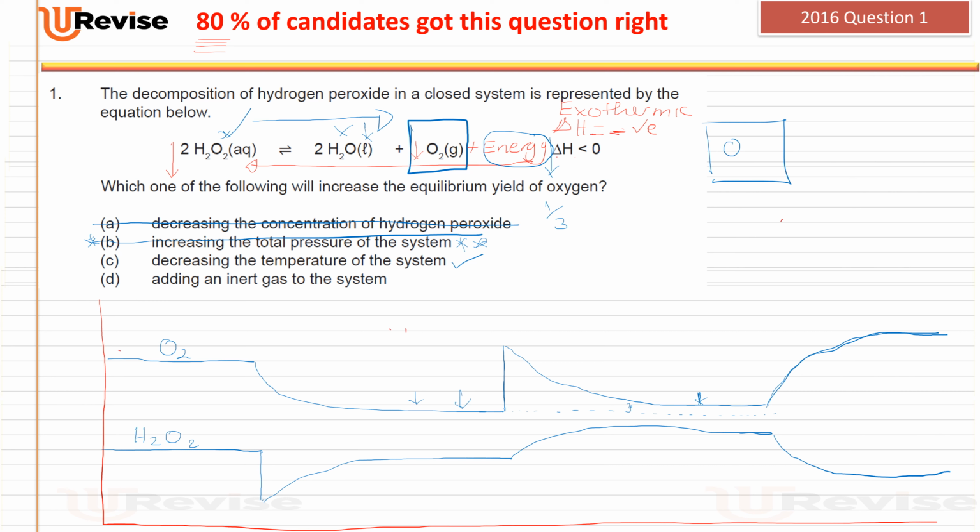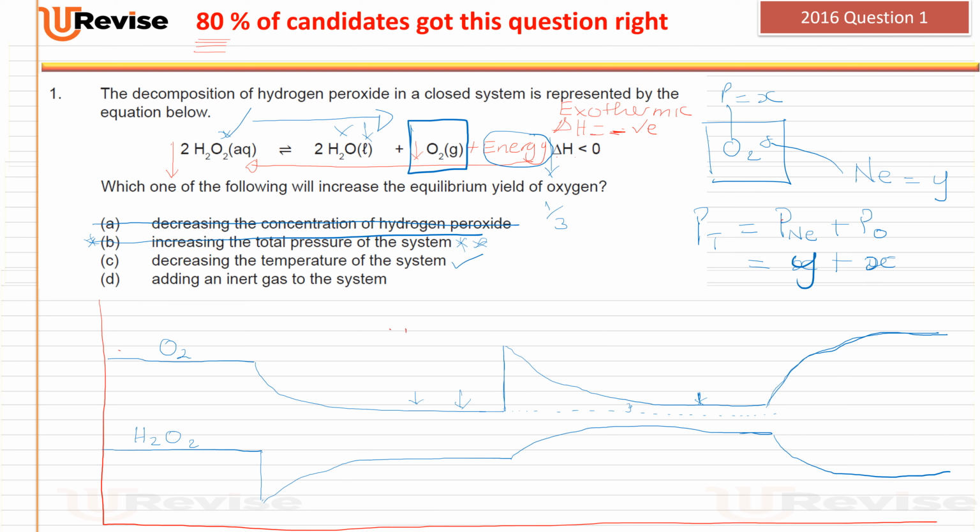If I've got oxygen, which has got pressure equal to X, right? And I inject an inert gas, let's say neon, which comes in with a pressure equal to Y. The total pressure of the system is going to be the partial pressure of neon plus the partial pressure of oxygen. And these two partial pressures will be Y plus X.